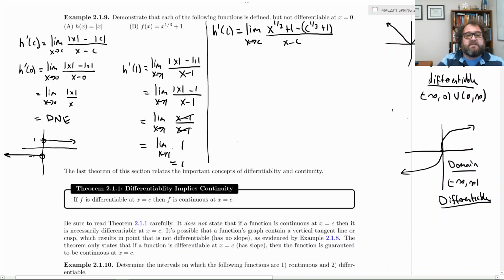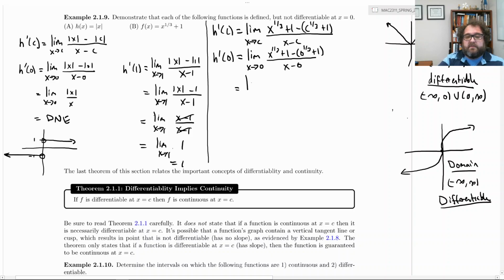Let's see what happens specifically at 0. So specifically at 0, replace all of the c's with zeros. So the limit as x goes to 0 of x to the 1/3 plus 1 minus 0 to the 1/3 plus 1, over x minus 0.